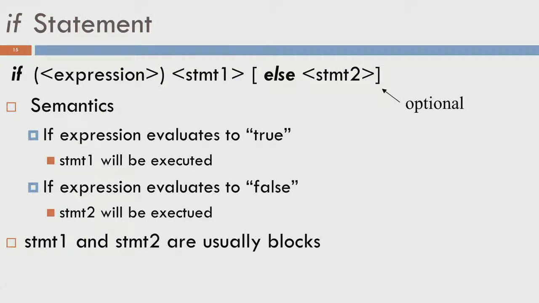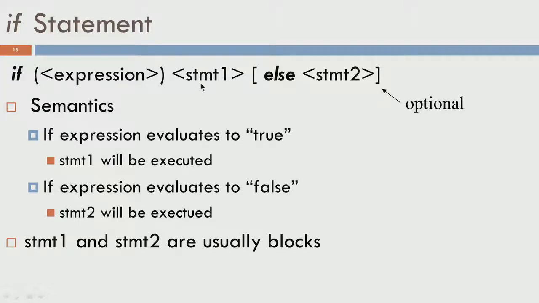Let us look at the basic structure of an if statement. It starts with the keyword if, followed by an expression, followed by a block called statement 1. Optionally, it can also have the else clause and a block for the else clause called statement 2. If the expression evaluates to true, statement 1 will be executed.